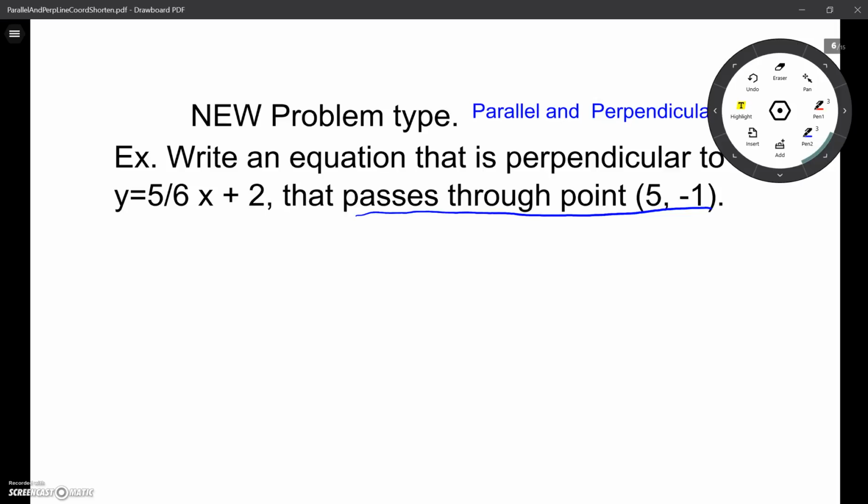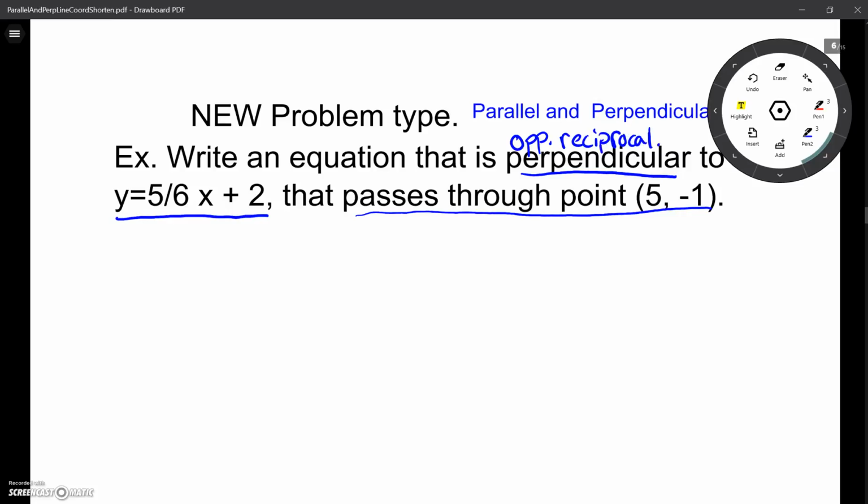Alright, so first thing we're going to do is try to write an equation that's perpendicular to this one. We know how to do that already. Remember, a perpendicular line has an opposite reciprocal slope to the given line.